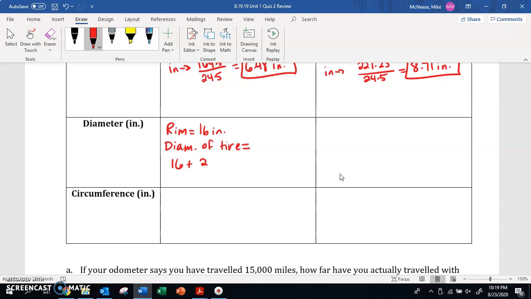So 2 times 6.48, and if you multiply all this out, you should get 28.96 inches.